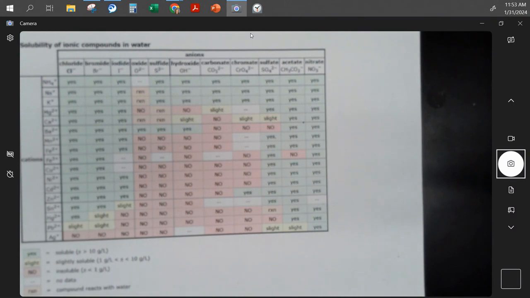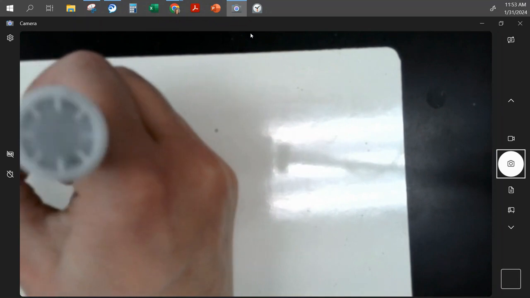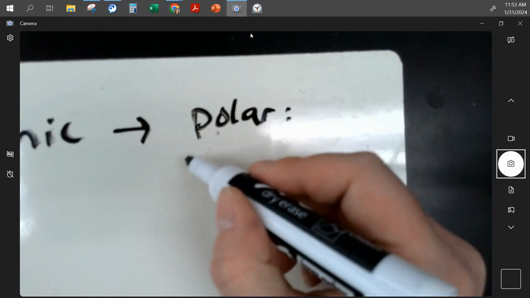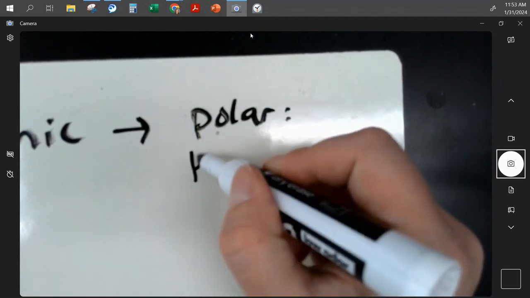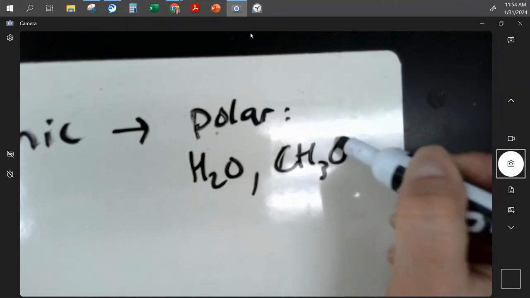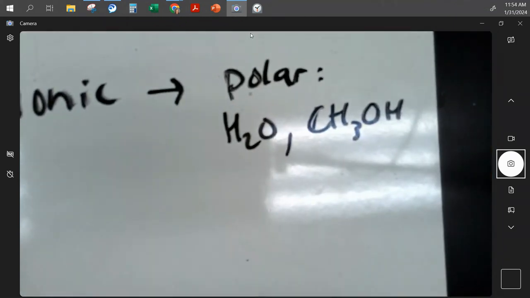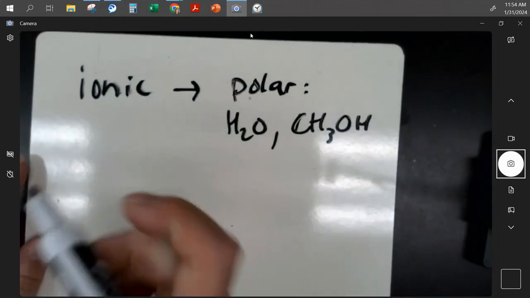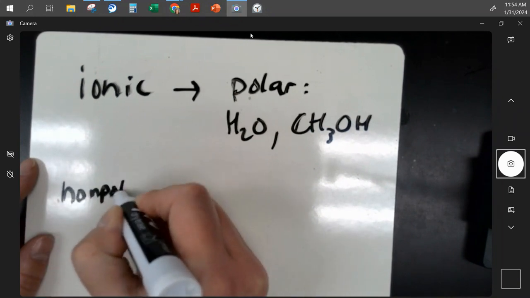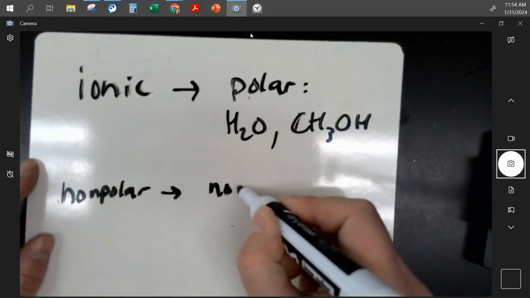This is what I think about. I look for: if it's ionic, then my solvent needs to be polar. Good polar solvents that often come up are water or methanol, CH3OH. If it is nonpolar, then I look for a nonpolar solvent.